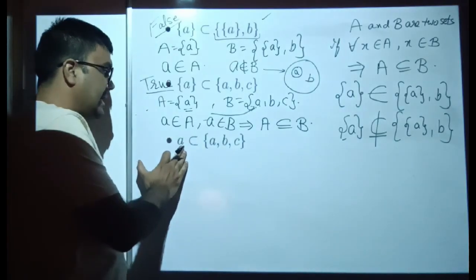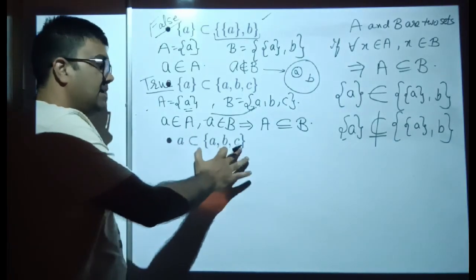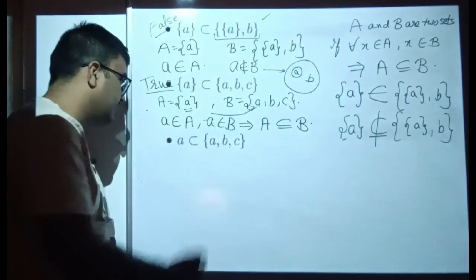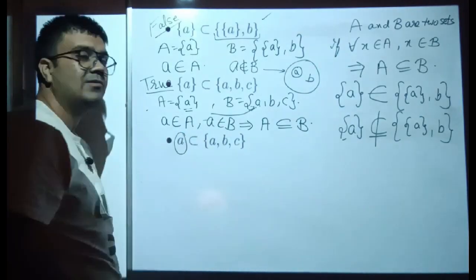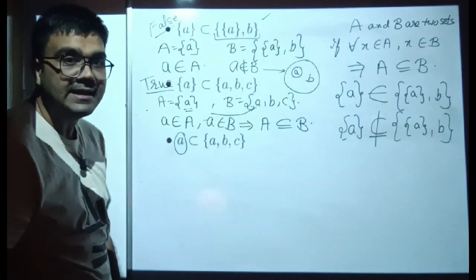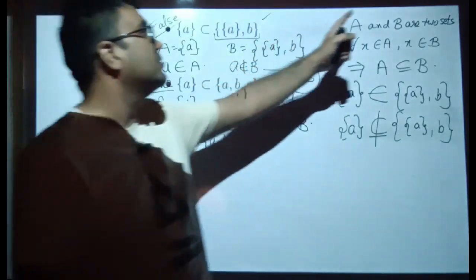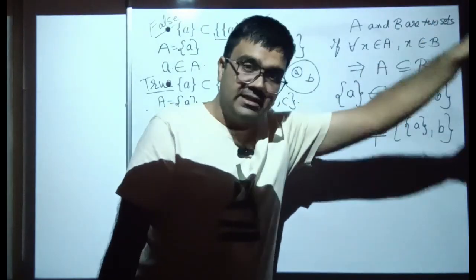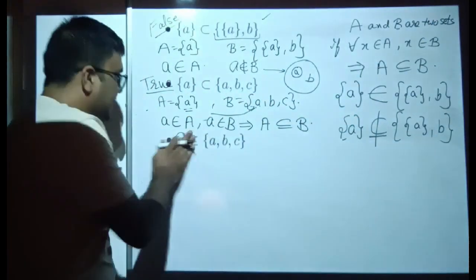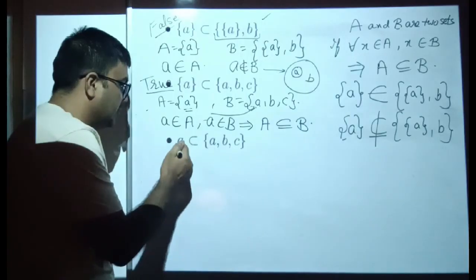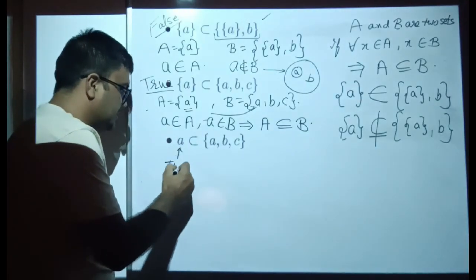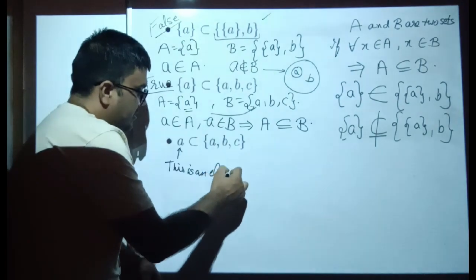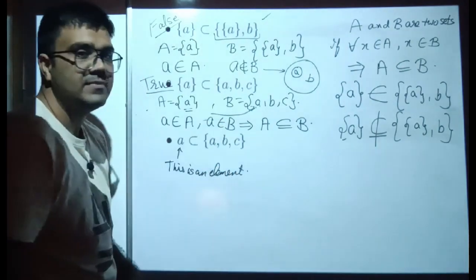Next, a is a subset of {a, b, c}. Look at this element over here. This is the element a. When we are talking about the definition of subsets, we are saying A and B are two sets. Is this a set? No. This is an element, not a set.